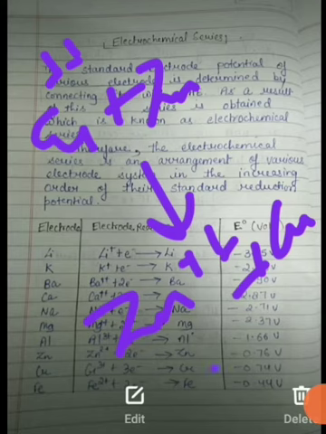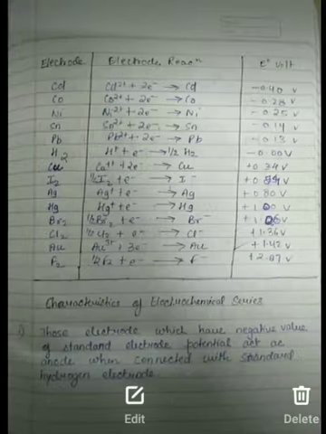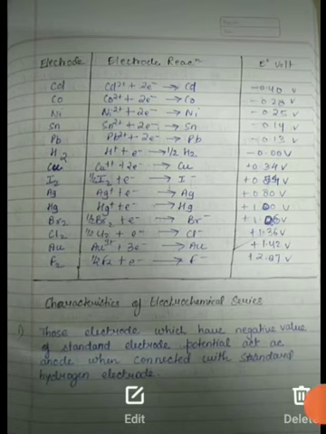The value of zinc is negative, so it acts as anode, that is, oxidation takes place and it loses electrons. Similarly for copper, which is in the 2+ state and goes to the copper ground state, the zero oxidation state, the value of copper is positive.